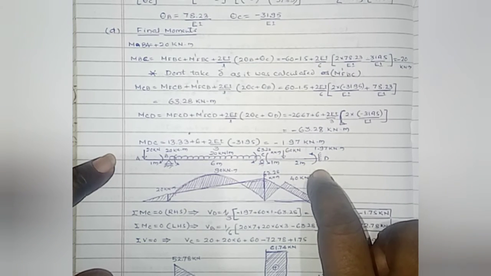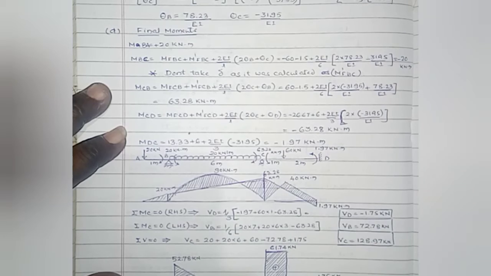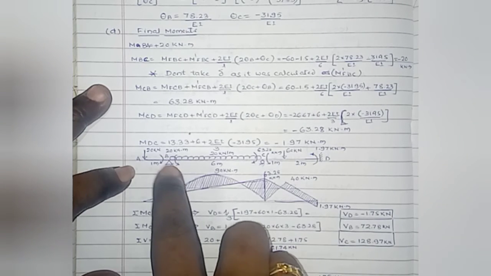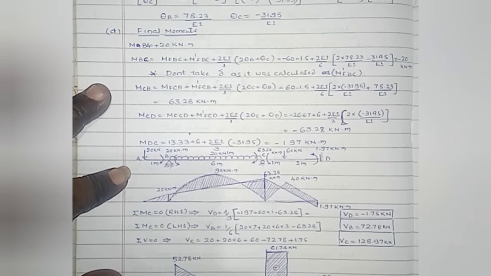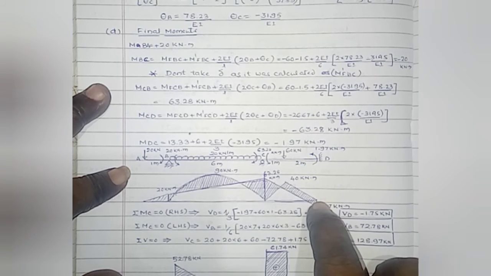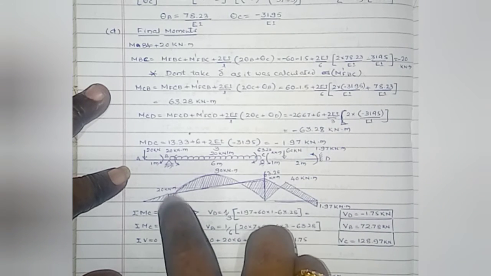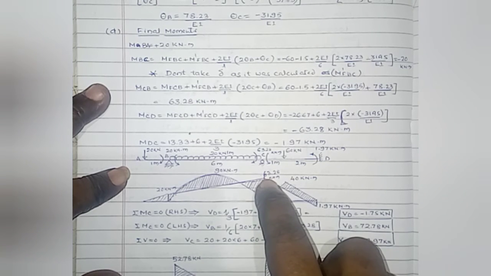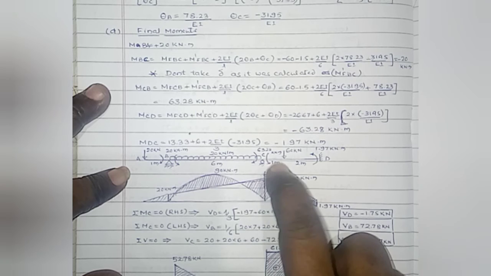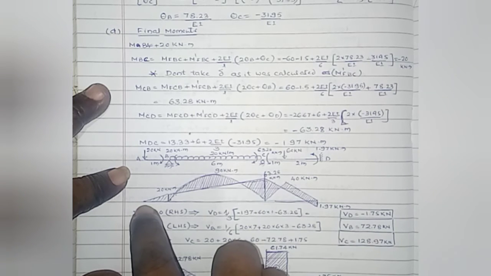Here, by observing this, these two moments are hogging moments, and these two are hogging moments, but this one is sagging moment. Here, if you want to draw the bending moment diagram, at B, draw the ordinate of 20 kilonewton meter above the reference line or datum line, since that is hogging. Similarly, draw an ordinate of 63.28 kilonewton meter at C. Then at A, bending moment is 0.